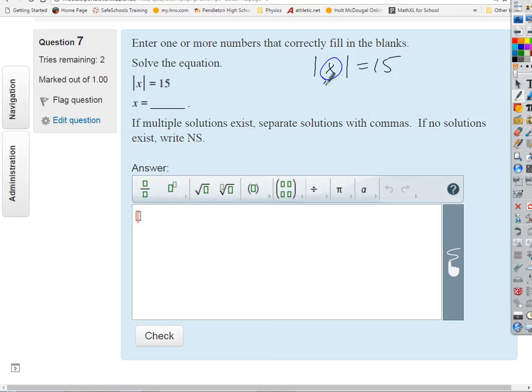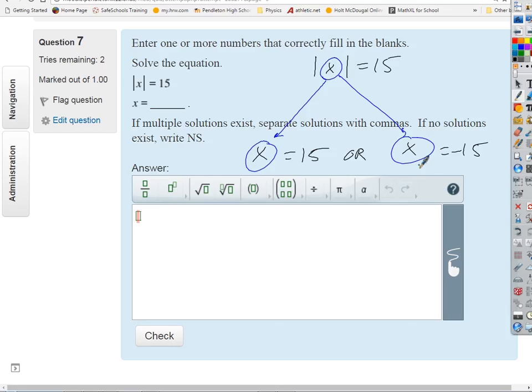Whatever's inside, and just think of it as the blue bubble, is equal to 15, or whatever's inside is equal to negative 15. Well, it's just an x. So those are our solutions.